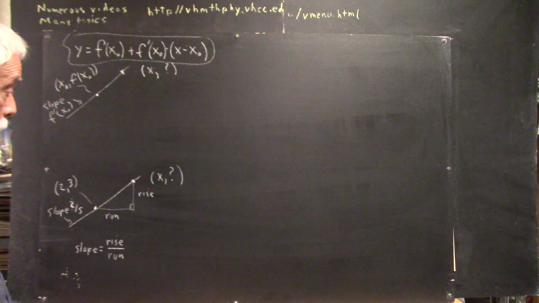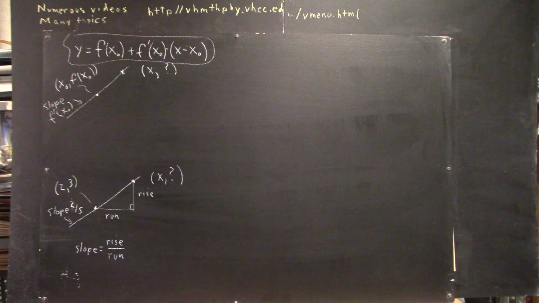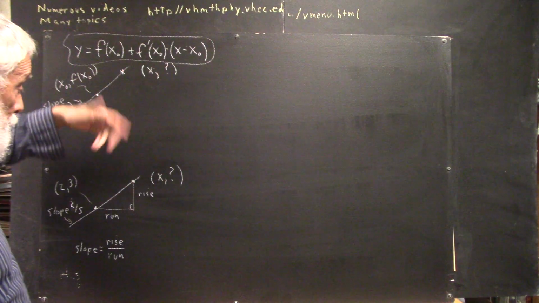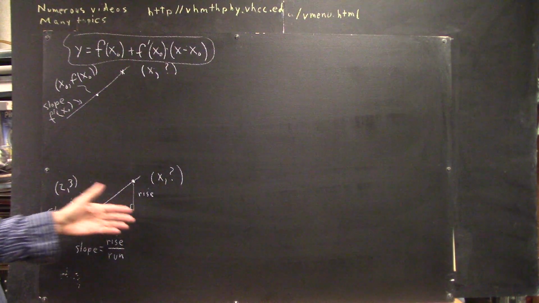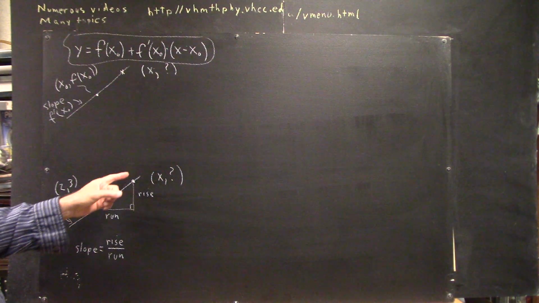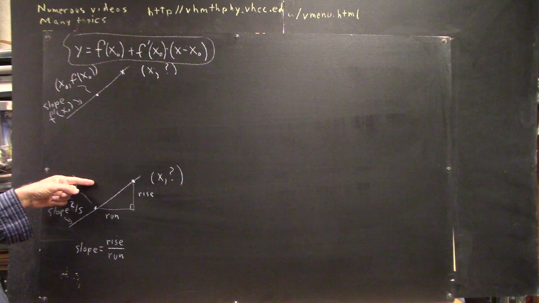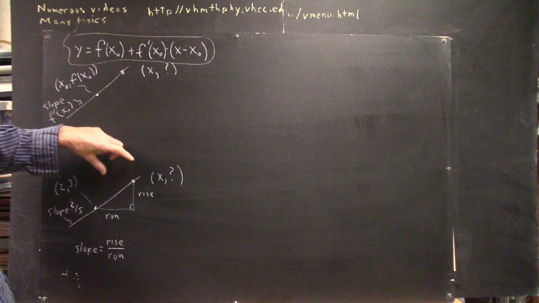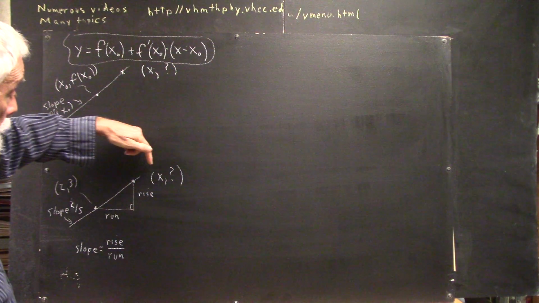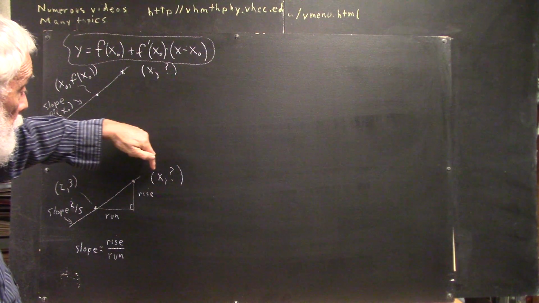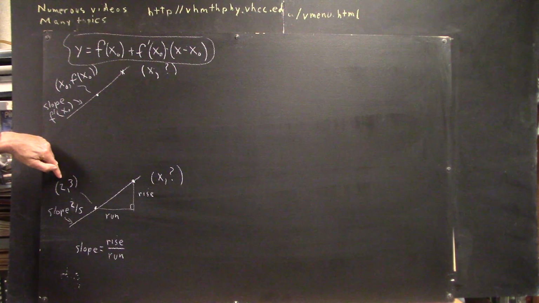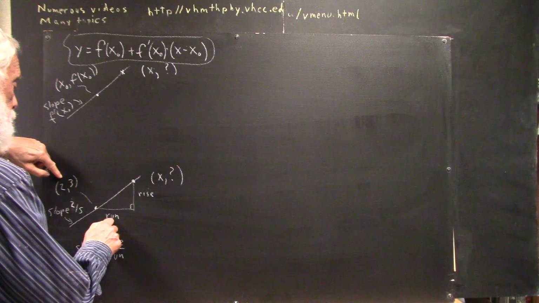Now, if you've given up or if you got it already, either way, the run is going to be the difference of the x-coordinates: the x-coordinate of this point minus the x-coordinate of this point. If you don't understand that, you really do need to stop and ponder it. If this point has x-coordinate x, and this point has x-coordinate 2, then the run is x minus 2.